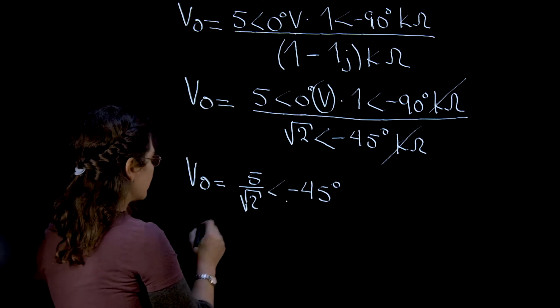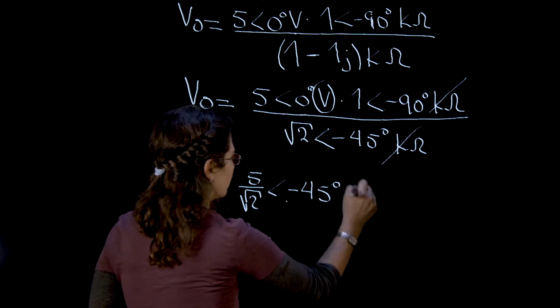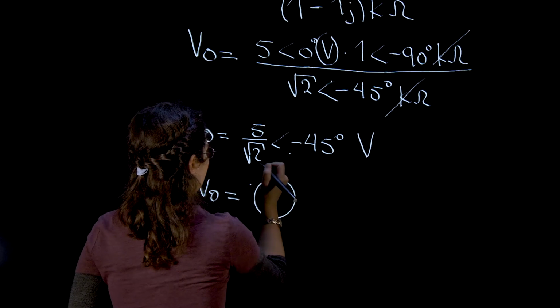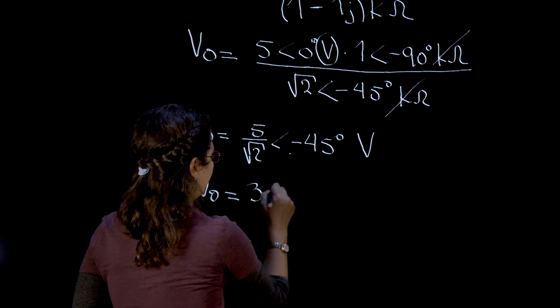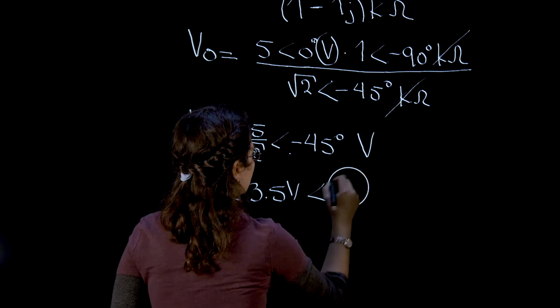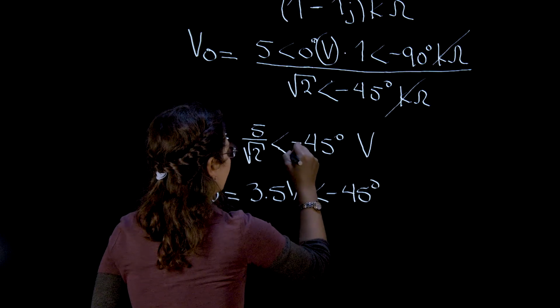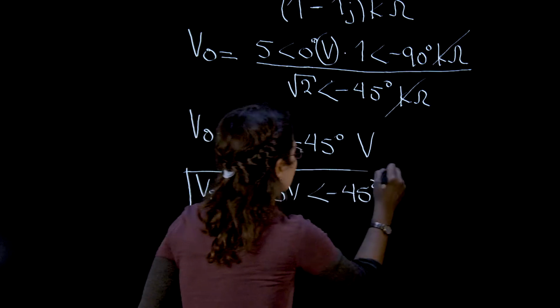And 5 over square root of 2 is approximately 3.5 volts, with a phase of minus 45 degrees. And that is our result.